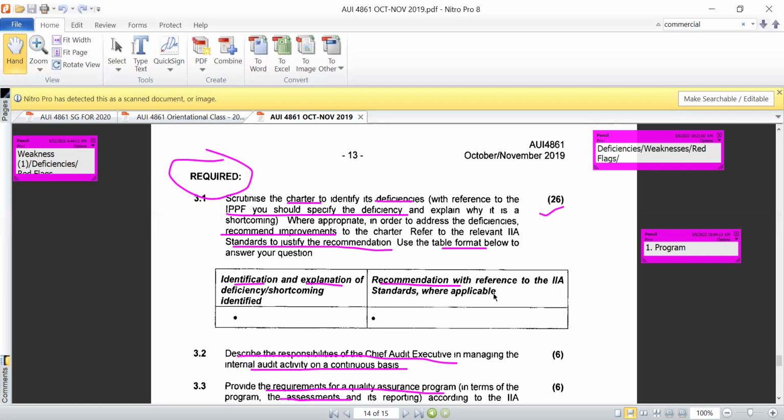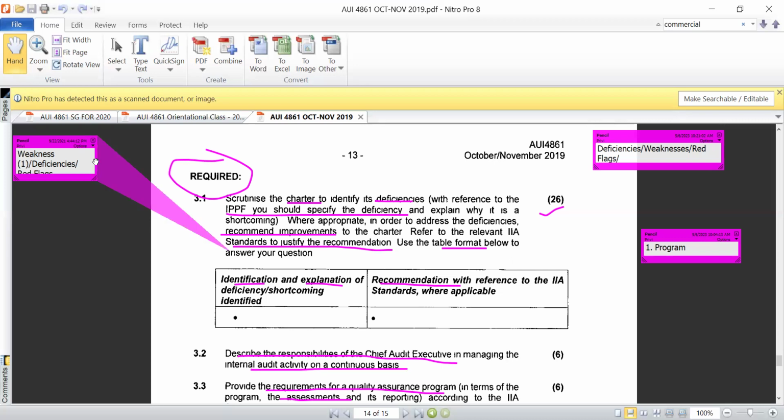The important thing to note is to first understand what they mean when they say identify a deficiency or identify a shortcoming. When you're looking through the required section, that's what you're trying to unpack: what the examiner is requesting of you in the context of the question.